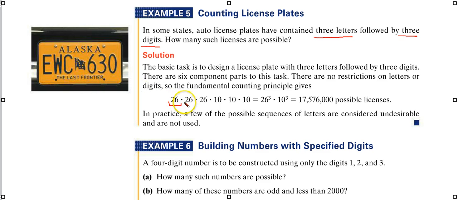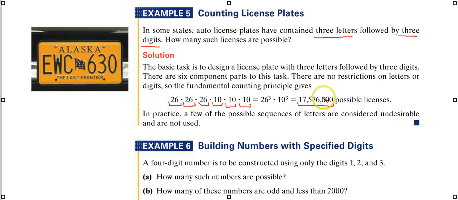How many possibilities for the second? Because we're allowed repeats, 26. For the third, we're allowed 26. Now here we can use a 0, and there are 10 symbols in our number system. So 10 for the first, 10 for the second, 10 to the third, which gives us this.